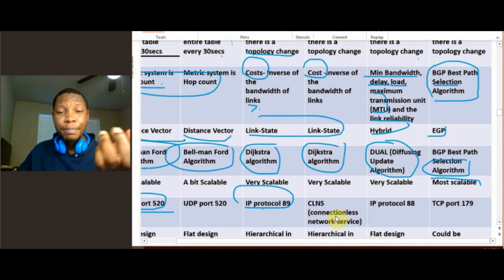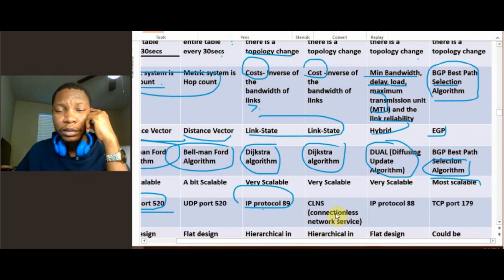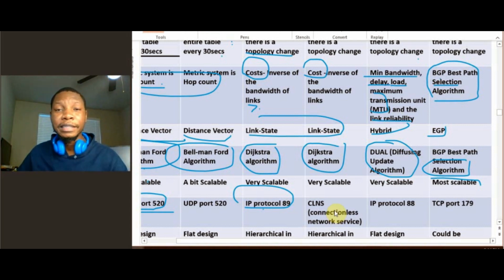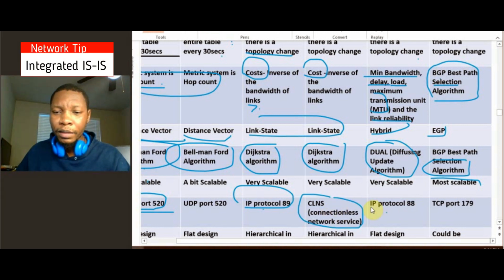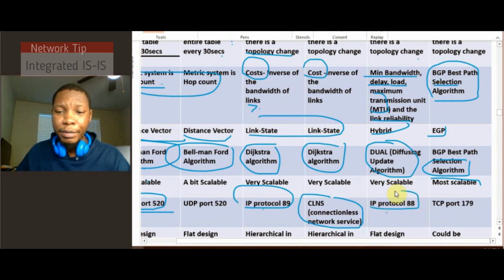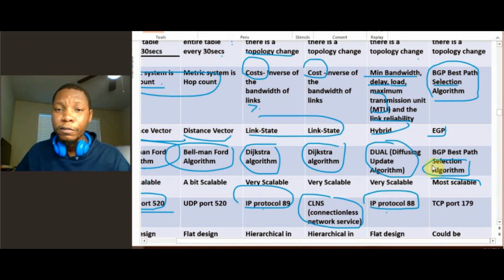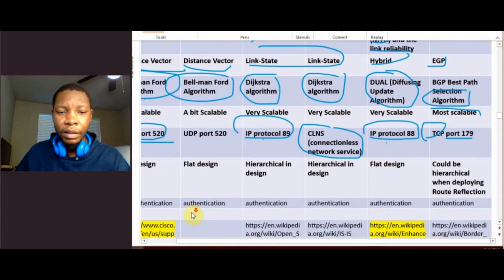There's a version that can do IP, and that's the integrated ISIS. Then EIGRP has IP protocol 88. BGP operates over TCP, on port 179. Cool.